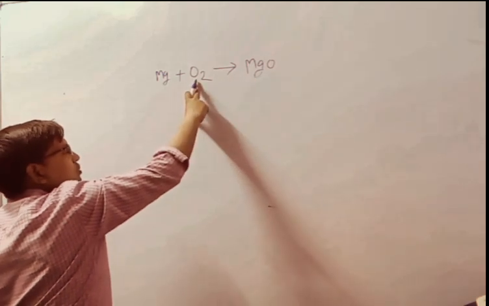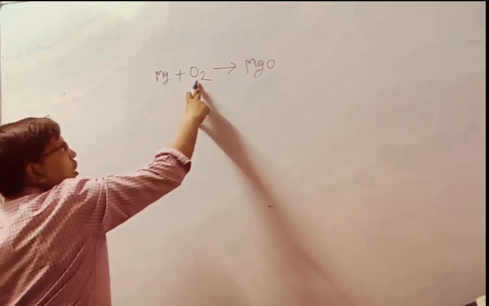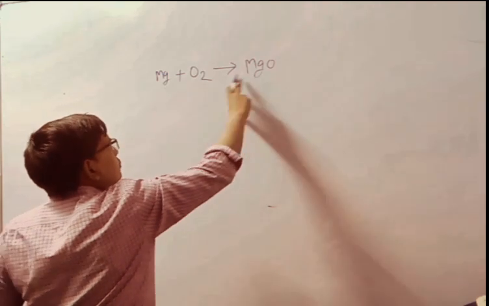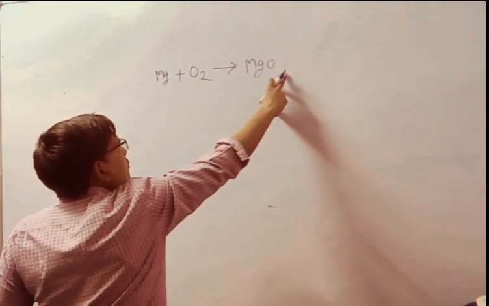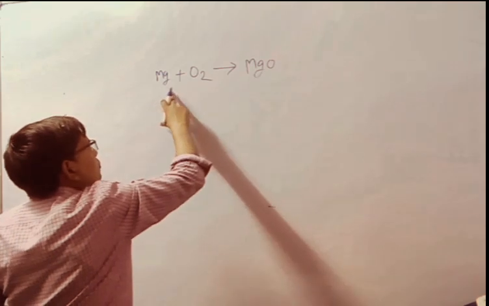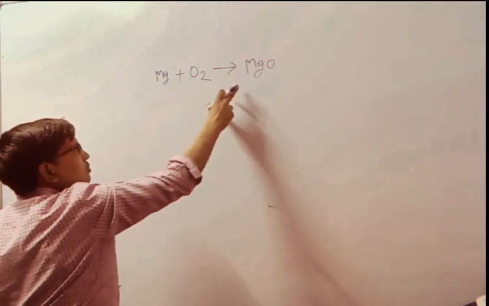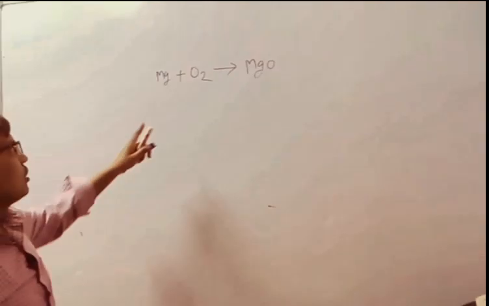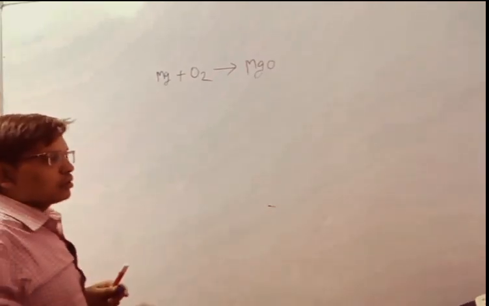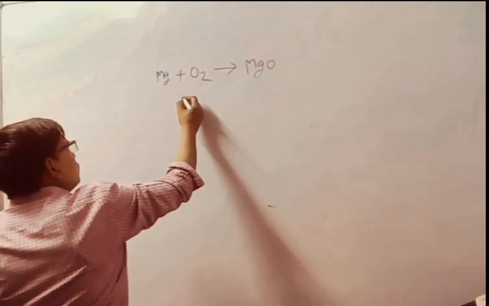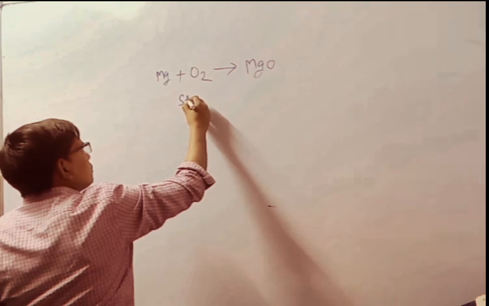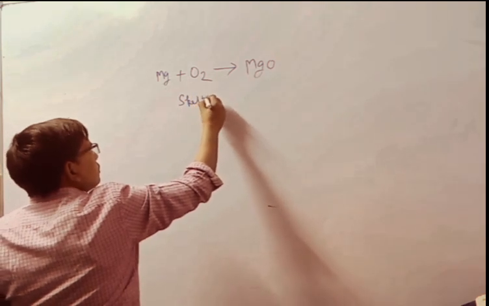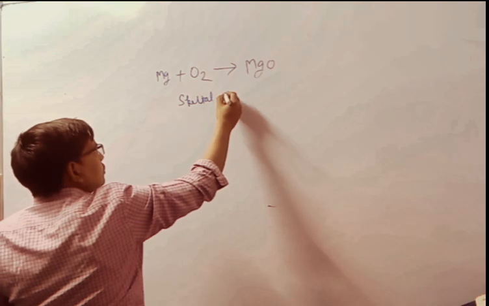For the O element, there are two atoms on one side, and here only one. This means the equation is not balanced. This is the skeletal equation.